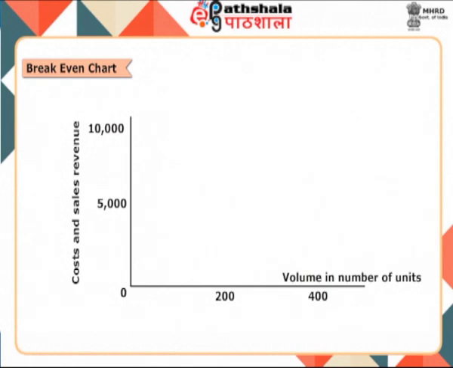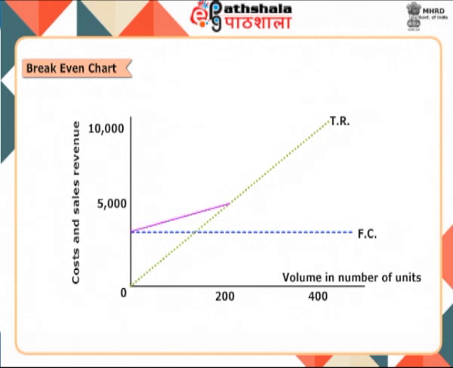A line parallel to the volume axis, that is the horizontal axis, is drawn to represent the fixed cost. Draw a total sales line starting at the origin and increasing at the rate of selling price per unit. Draw a line that starts at the level of fixed cost on the vertical axis and increases at the rate of variable cost per unit.